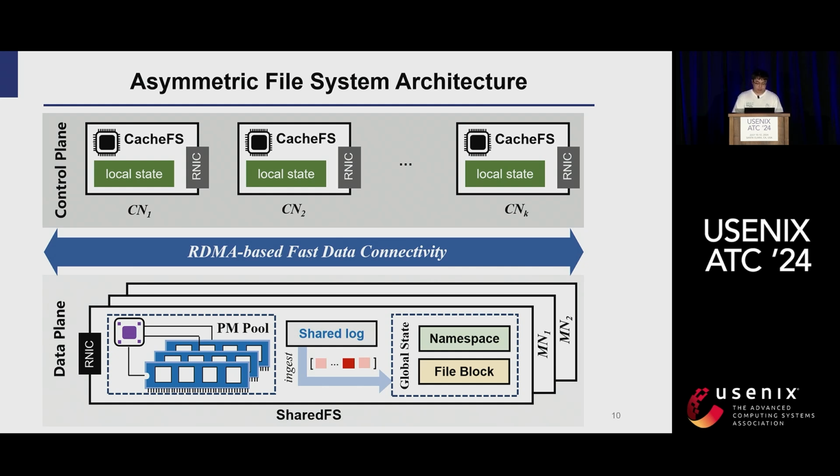However, every MN is only equipped with weak computing units that support running necessary system tasks. This characteristic inspires us to design an asymmetric file system architecture, which splits file system functionality into a control plane FS and a data plane FS, making the best use of hardware resources.